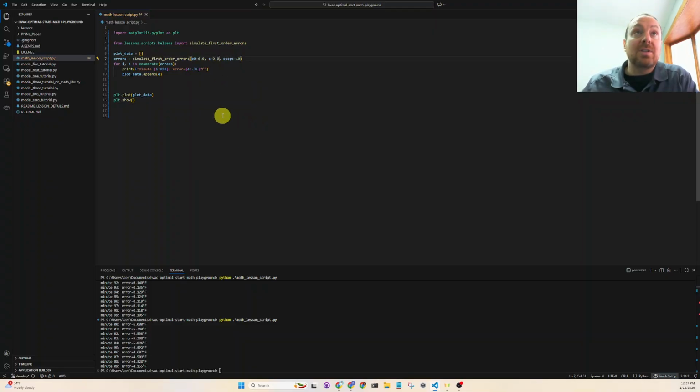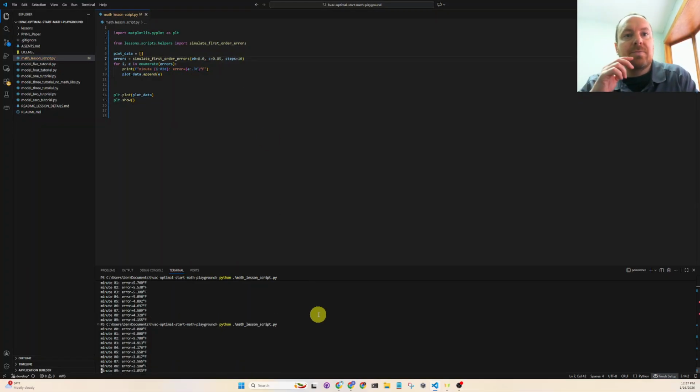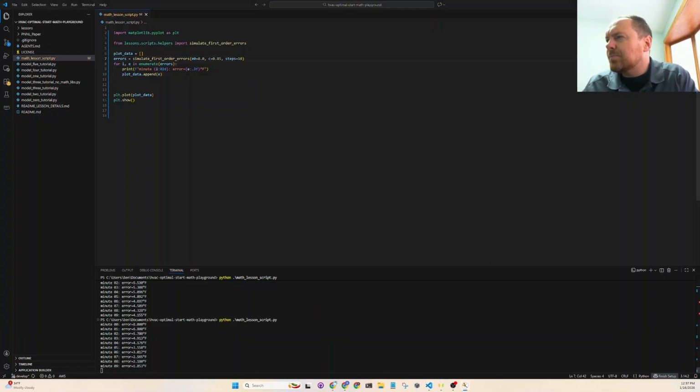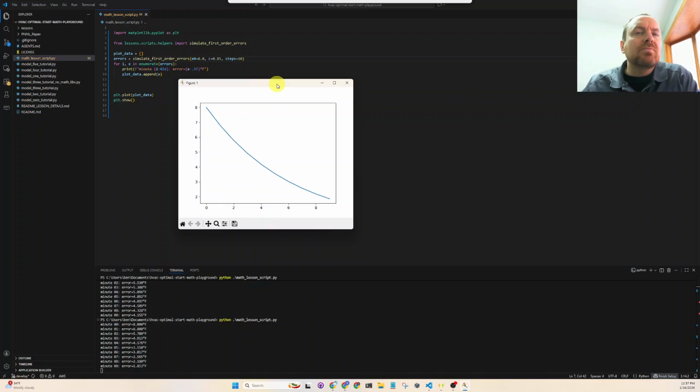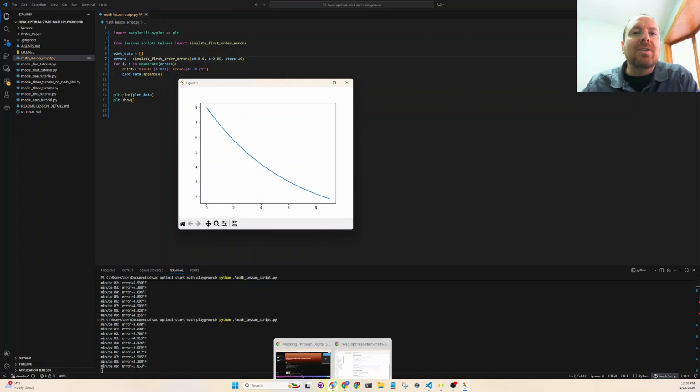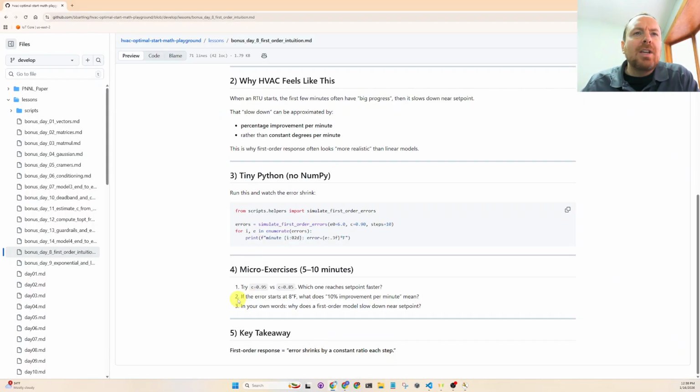So this was 0.85. Then I think this one is 8 degree air. I don't quite understand this question. If the air starts at 8 degrees, what does 10% improvement per minute mean?